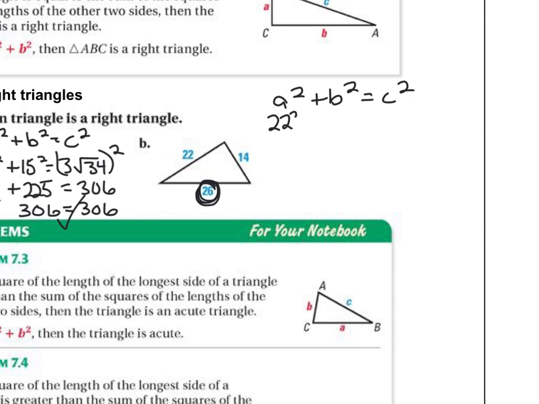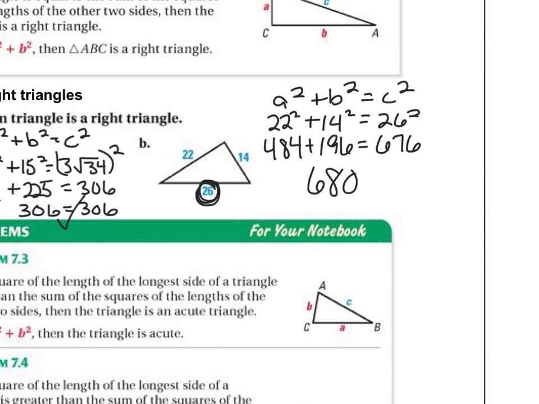So our legs are 22 and 14. 22 squared is 484. 14 squared is 196. 26 squared is 676. 196 plus 484 is 680. And 680 does not equal 676, so this is not a right triangle.